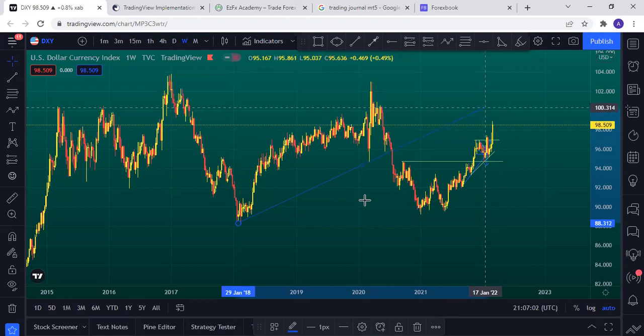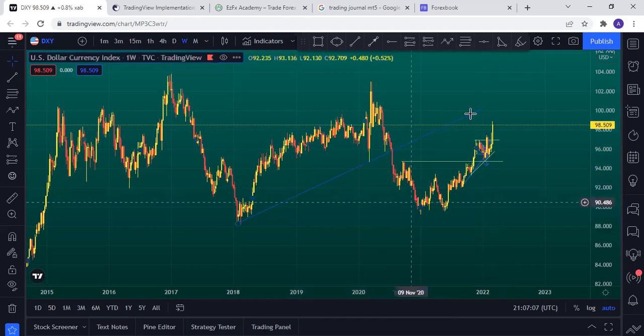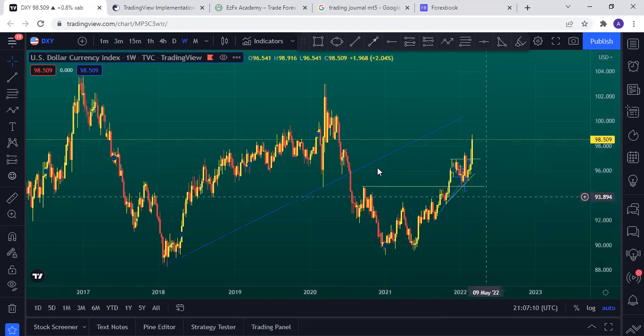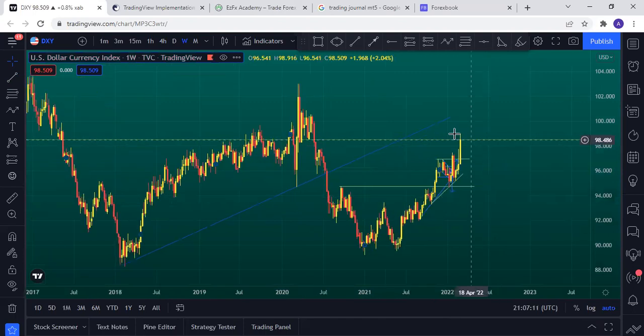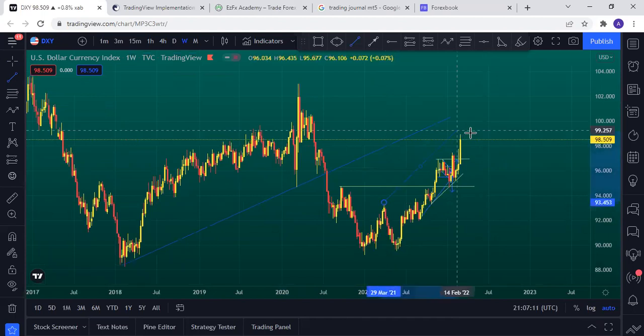That's DXY on the weekly time frame. Let's move in closer. Okay, I think that's already played out.